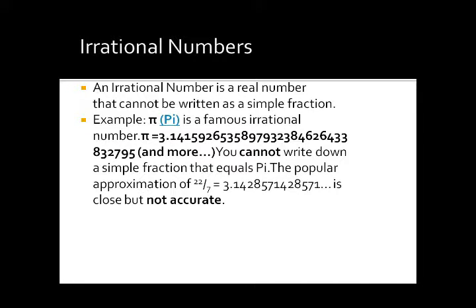We have a popular approximation of 22 out of 7, which is 3.xyz, but is not accurate. So that's why it's irrational.